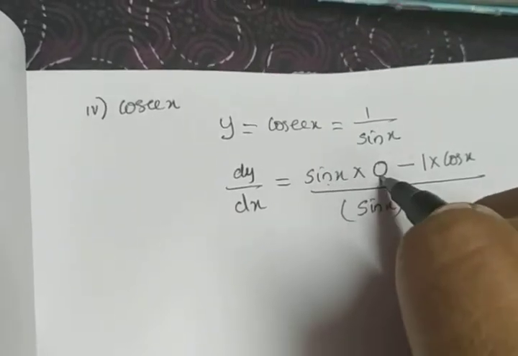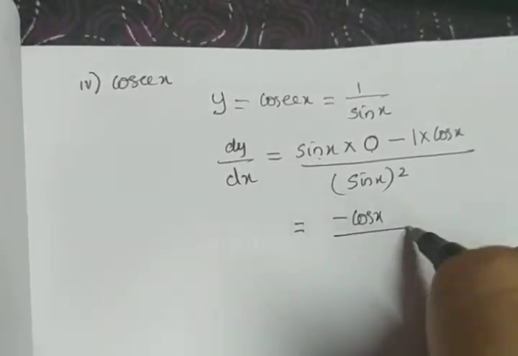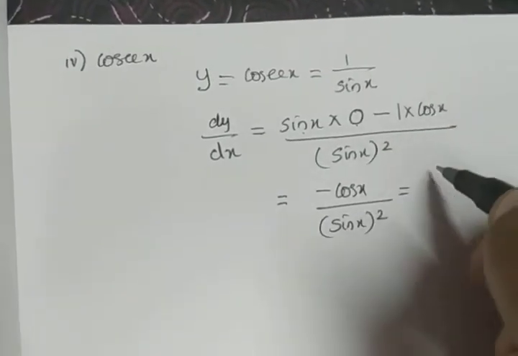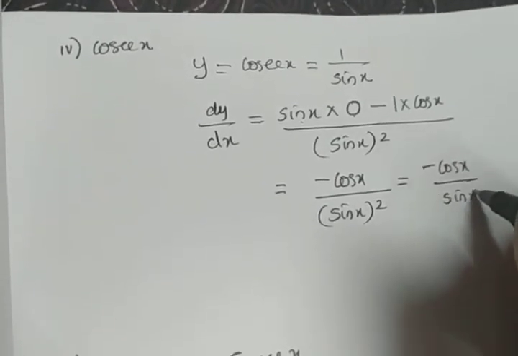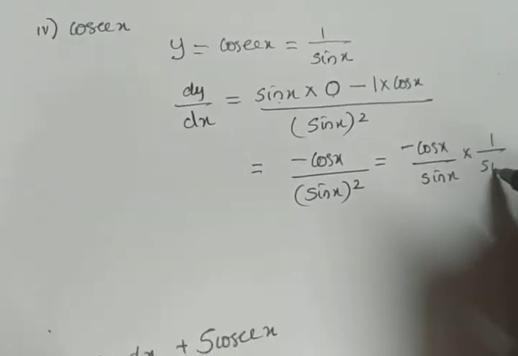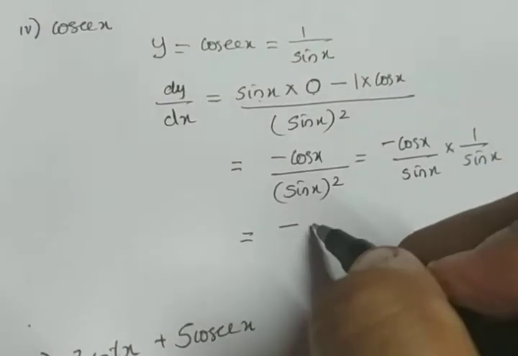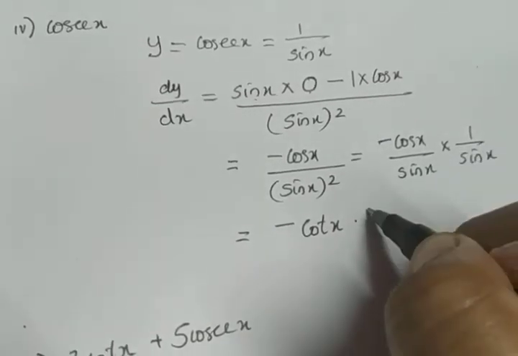Sin x into 0 gives you 0. So what we get is minus cos x divided by sin x the whole square, which is equal to, here also we will split the term, minus cos x by sin x into 1 by sin x.